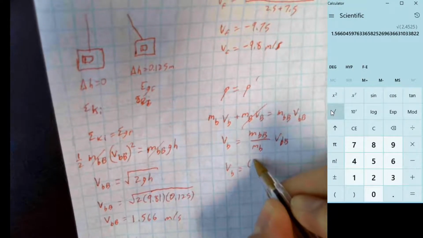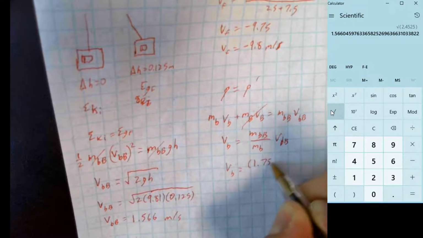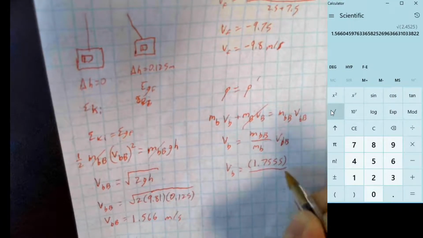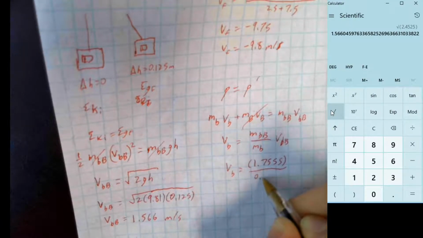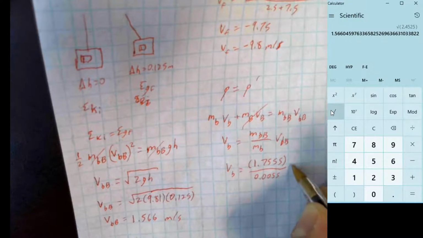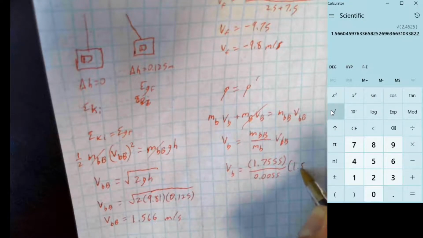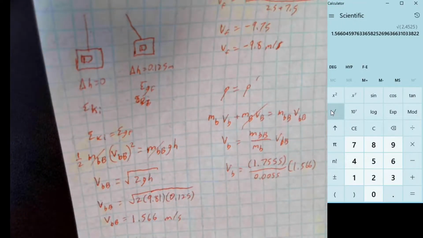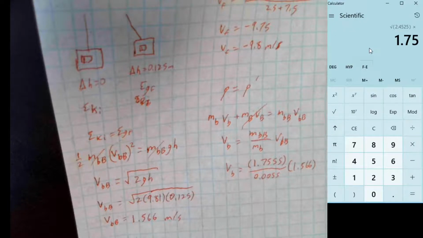This becomes 1.7555 over my mass of my bullet, which is 0.0055, and my velocity, which is 1.566. I still have that in my calculator, so I'll start from that velocity, multiply that by 1.7555, and divide by 0.0055.